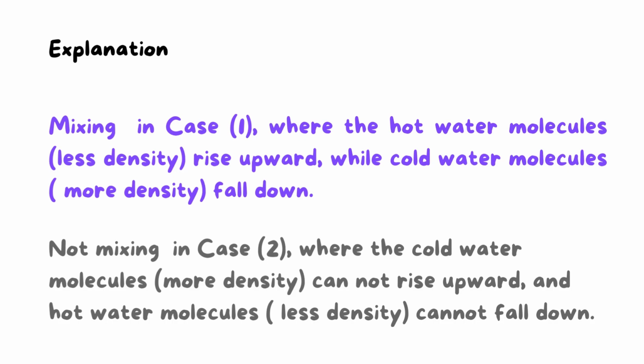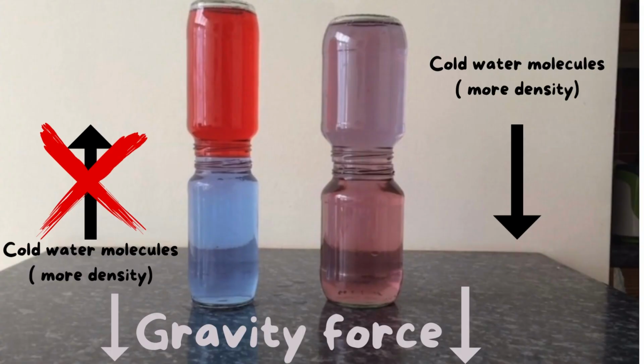So in this case, the red water and blue water don't mix, okay? And remember that gravity has an important role here, as it's responsible for pulling the cold water molecules, which have more density, toward the ground or the earth's surface. So this is the role of the gravity force.